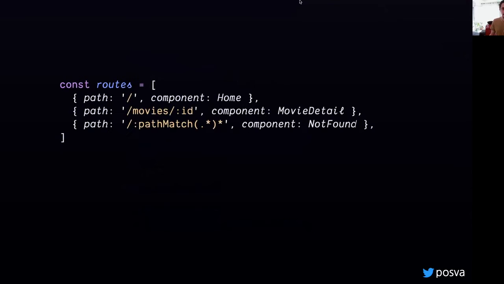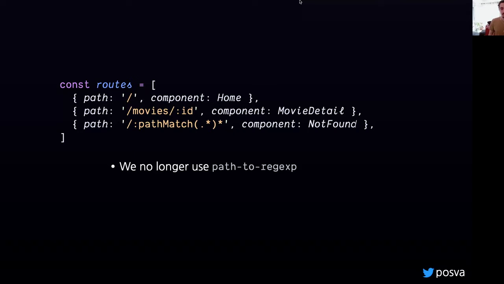Now, when it comes to the routes array, there are not many changes. The main change is how the star route has disappeared, and now it's a custom regex with a repeated param, like 0 or more. That's the parentheses that you can see, the dot star, and then the extra star at the end. The reason for this is that we don't use path-to-regexp anymore.